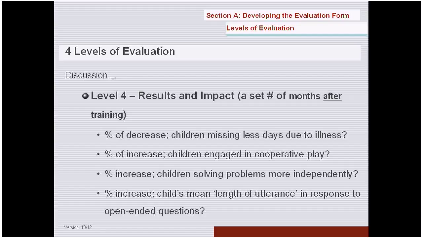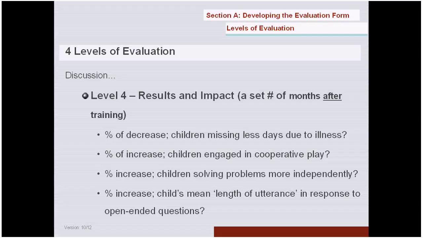All right. Same with a percent of increase in children's engagement in cooperative play, if you've given a workshop on perhaps interactive play between children and strategies that support that sort of thing. Or a percent of increase in children solving their own problems more independently.